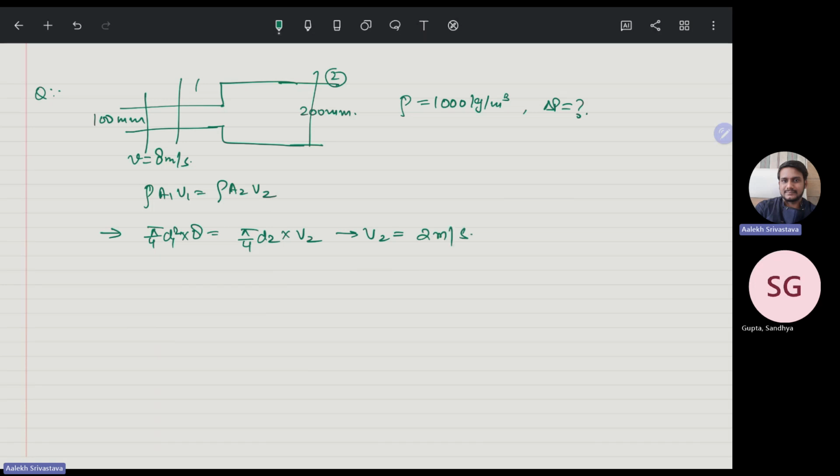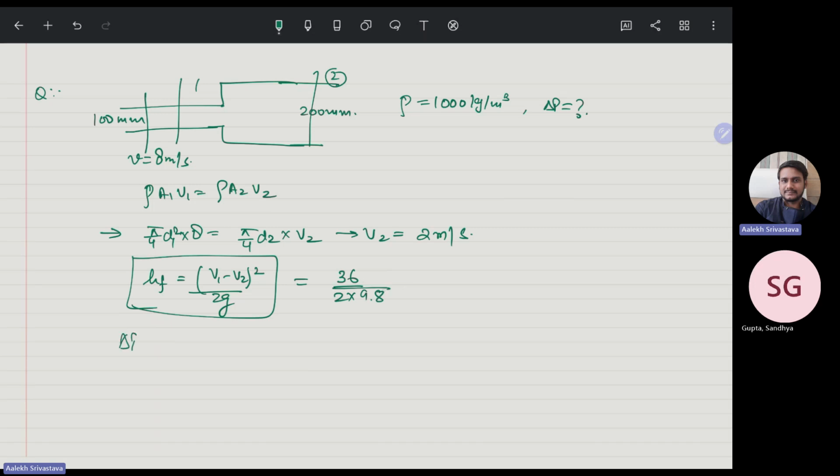Now your hf value is (V1 minus V2) whole square divided by 2g. That is the head loss because of the sudden enlargement. V1 and V2 we know: 8 minus 2 is 6, 6 square is 36, divided by 2 into 9.8. And this is the head loss.